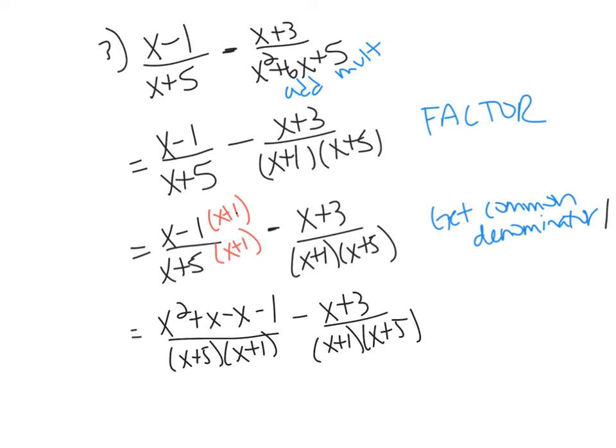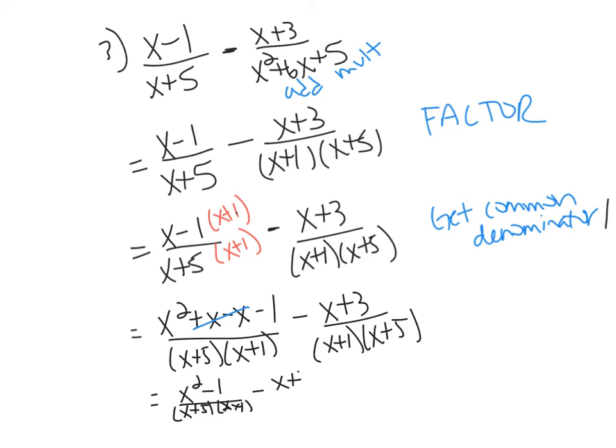So what do we notice about our middle terms? Our middle terms are actually going to cancel, if we notice. And we're left with x squared minus 1 on top over x plus 5, x plus 1.